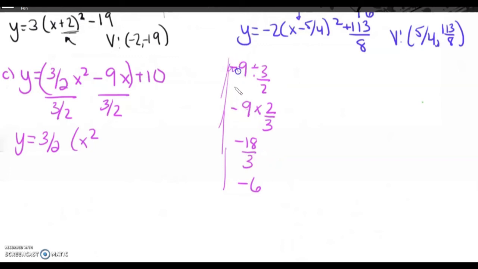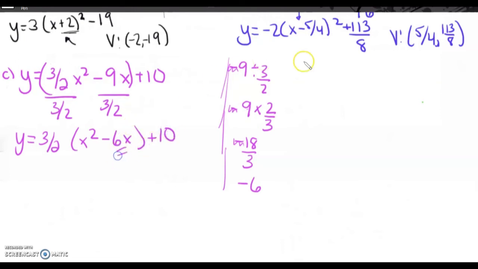The negatives don't matter because we're going to add it and then subtract it anyways. Oh no, sorry, 9 divided by 3 over 2 is negative 6. So we get negative 6x and then plus 10.